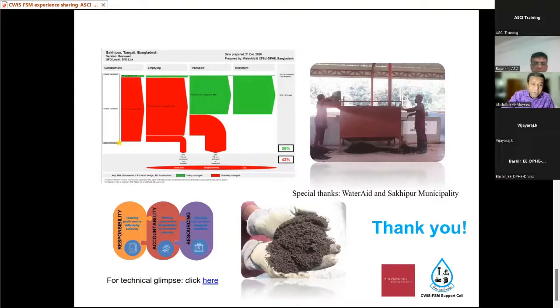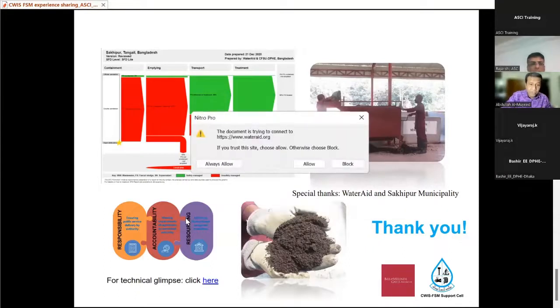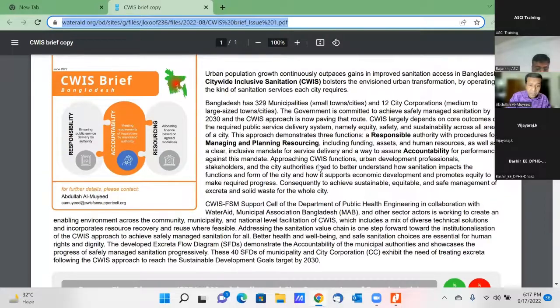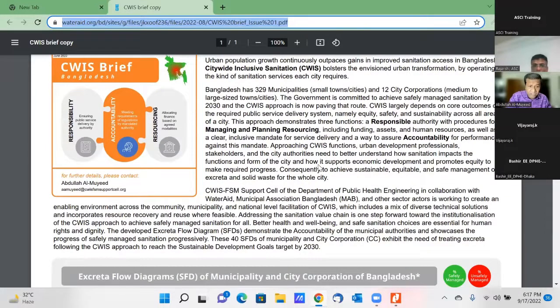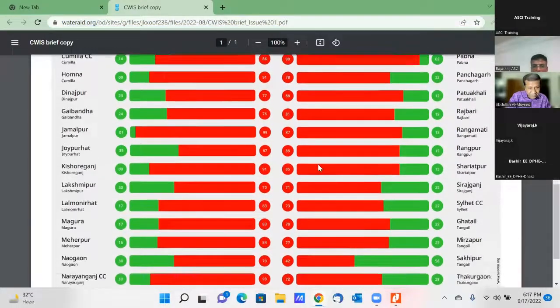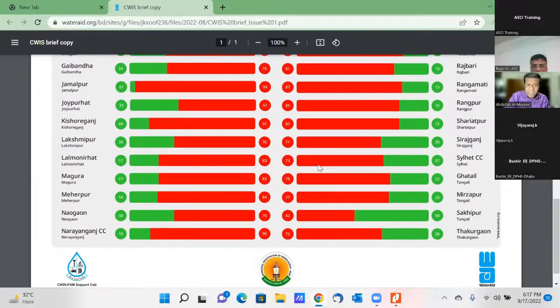So now I want to link this with the shit flow diagram, and how we are taking this example to other cities also. I would like to take this opportunity as well, because this is a good platform to showcase this. So from the CWIS FSM support cell, we are unfolding this sort of evidence to all of us. And as a part of that, we are also developing this knowledge brief, the CWIS brief for Bangladesh, where you can see the rates are prominent for different parts of the city, and all these shit flow diagrams you can find on the Susana website.